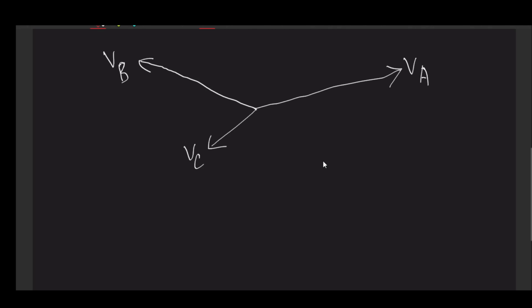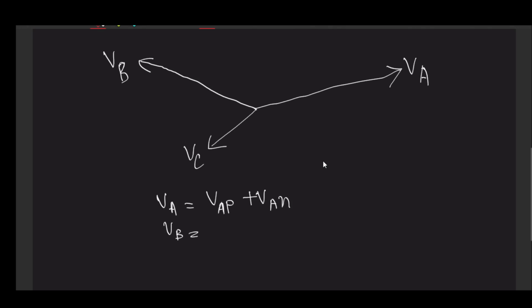Now if you consider the star connection, first let us not consider the zero sequence harmonics. Let us only consider: we can write VA is equal to VAP plus VAN.